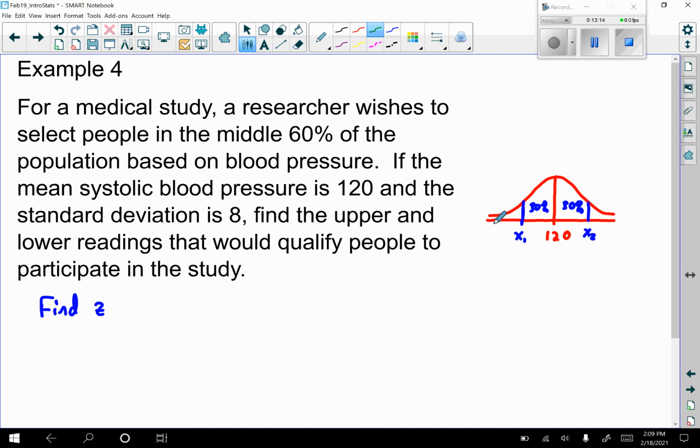And to help us on the calculator, we want to type in the area that's to the left of this value that's right here. And that would be what percent? Should be 20 because the lower half is 50. So we're going to type in 0.2 there to find the first Z value. I'll call that Z sub 1.